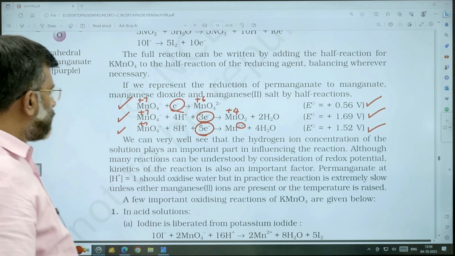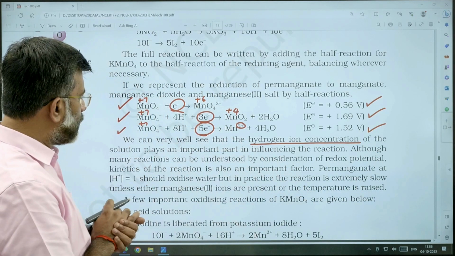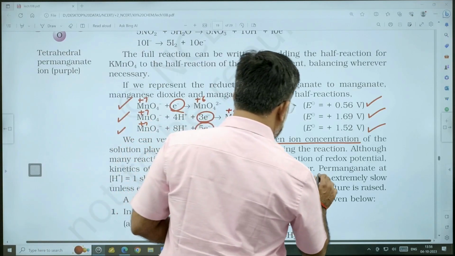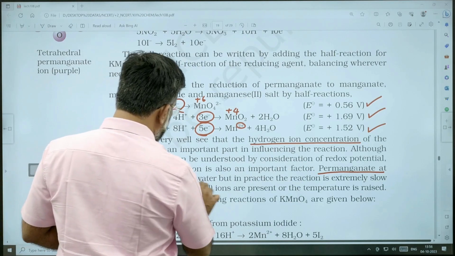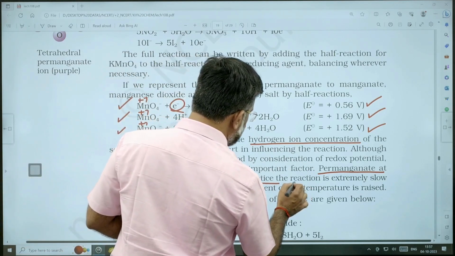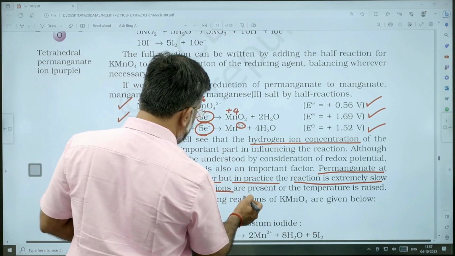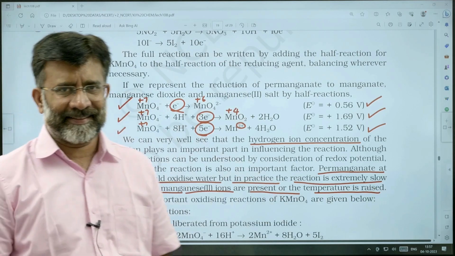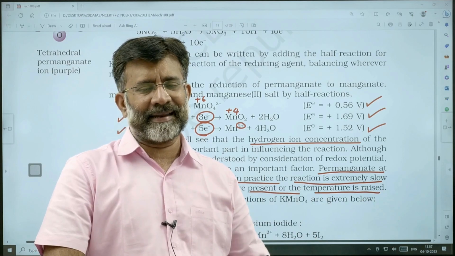We can very well see the hydrogen ion concentration plays an important part influencing the reaction. A very important point: permanganate at a pH with H plus concentration 1 should oxidize water, but in practice the reaction is extremely slow unless either Mn2 plus ions are present or the temperature is raised. That is a numerical part of the question that came in the recent exams.